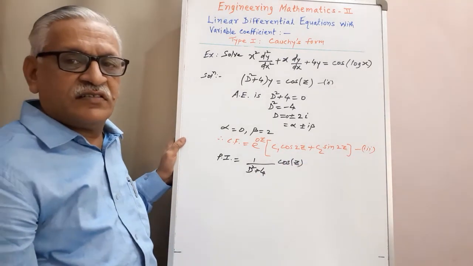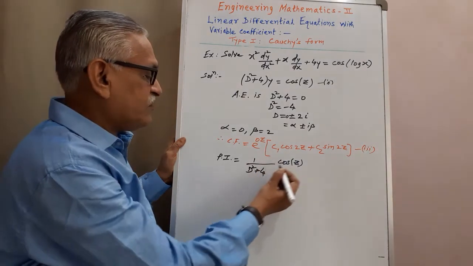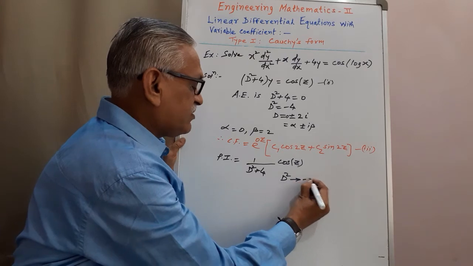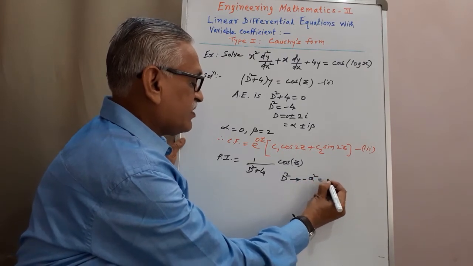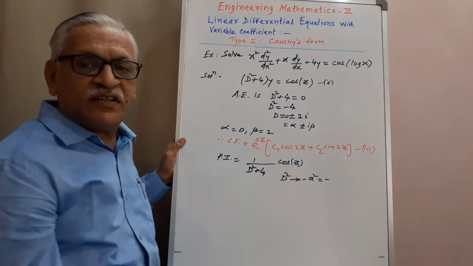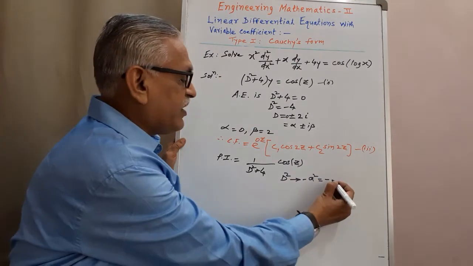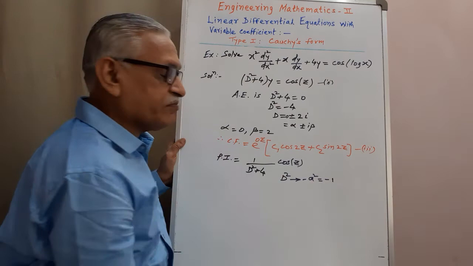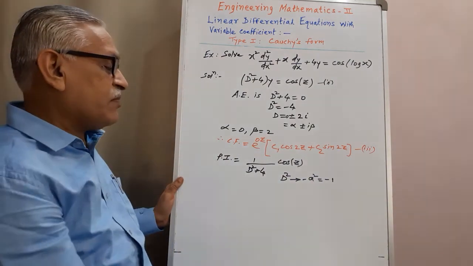The rule to find the PI for cos is D square replaced by minus a square. a is the coefficient of z, which is 1, therefore minus 1 square. 1 square is 1, therefore replace D square by minus 1.